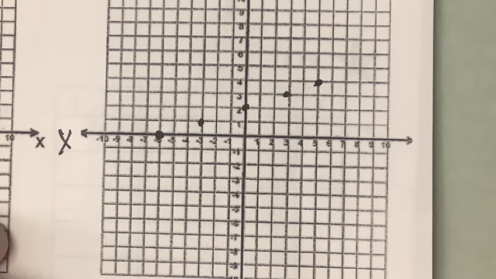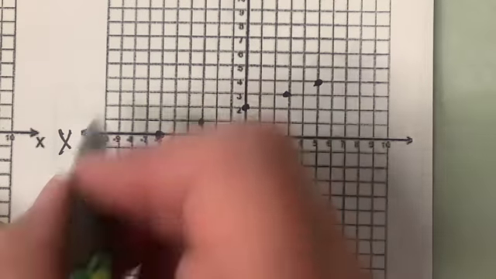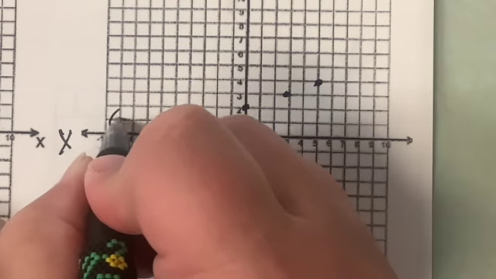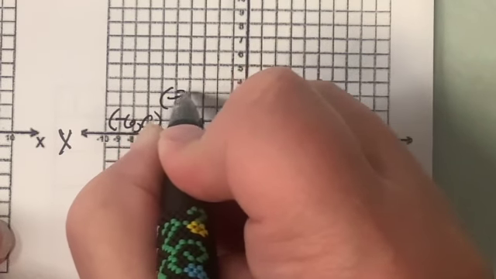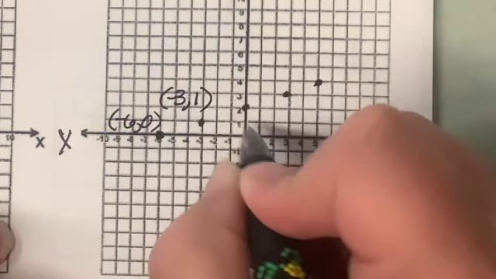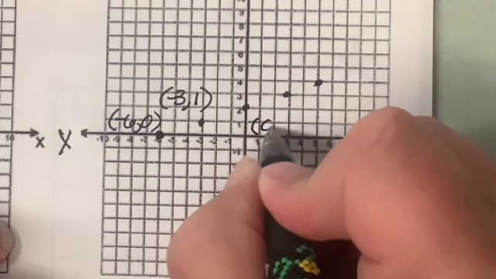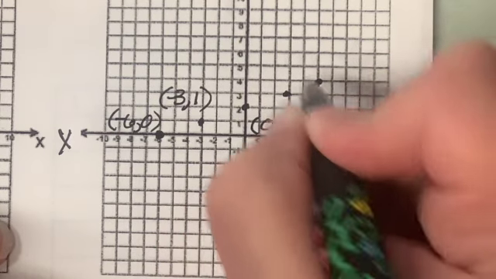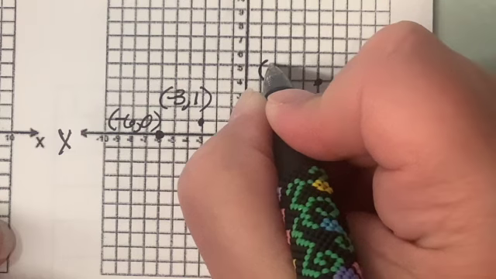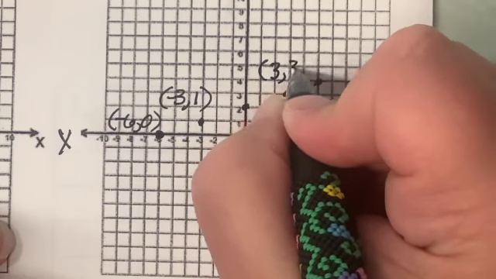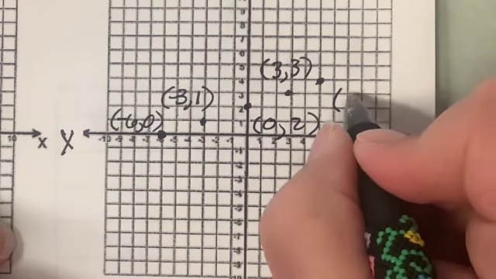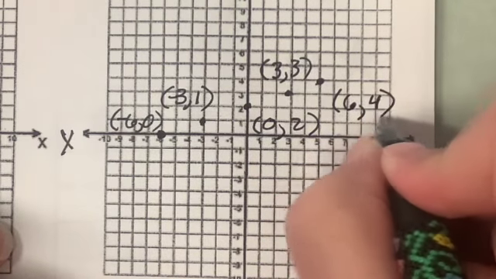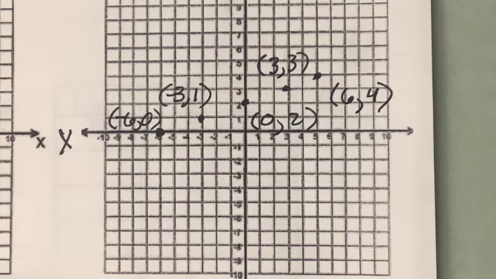I did not label any of those points. I should label all of them. So I'm going to come back here and do negative 6, 0, negative 3, 1, this point there, 0, 2, this point here, 3, 3, and that point there is 6, 4. So labeling all of my points.